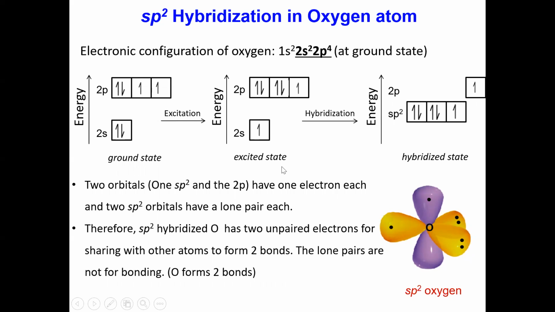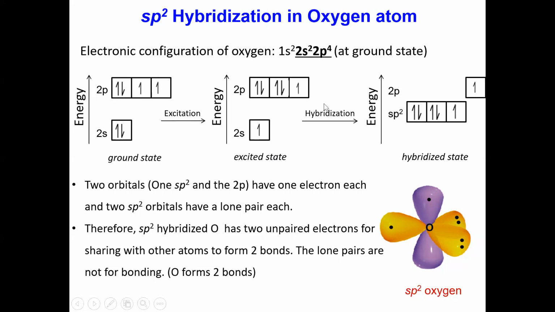For the oxygen atom, the electronic configuration of oxygen is 1s2, 2s2, 2p4. And during the excited state, one of the electrons moves up to the 2p orbitals.